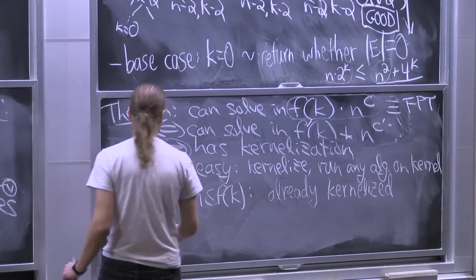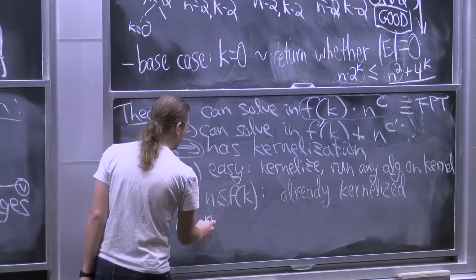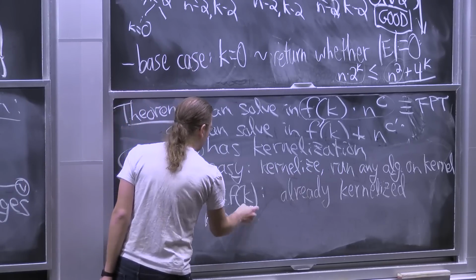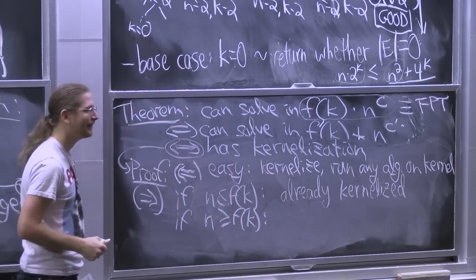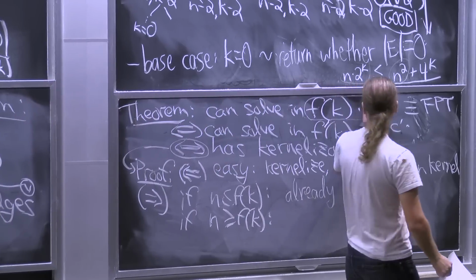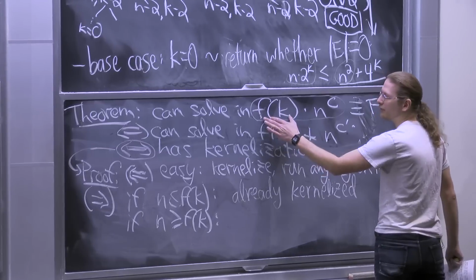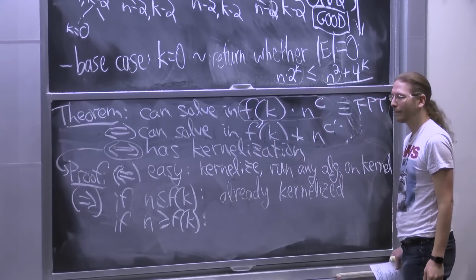So the other case is n is big. That's the more interesting case, of course. n is greater than or equal to f of k. What happens here? Well, just like last time, that means that this running time, f of k, is now at most n. That means this running time is at most n to the c plus 1.